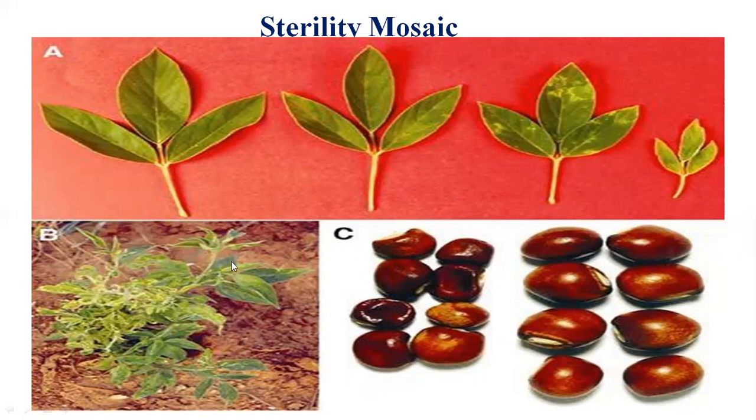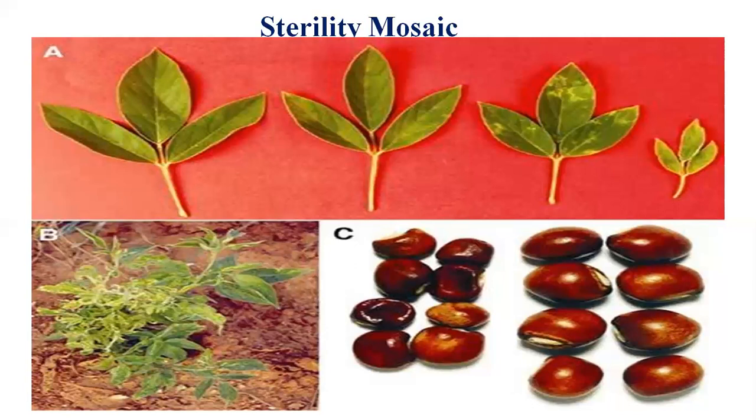So this is another symptom which is caused if the virus infection is heavy in the earlier stages. And it is known as sterility: sometimes the virus infected plants don't go into flowering, or maybe some genetical abnormality occurs to cause the complete sterility.